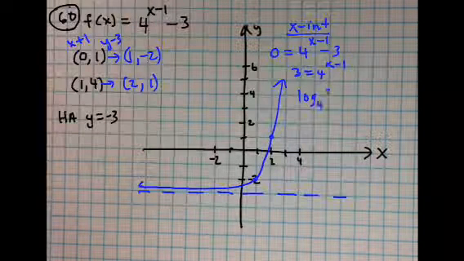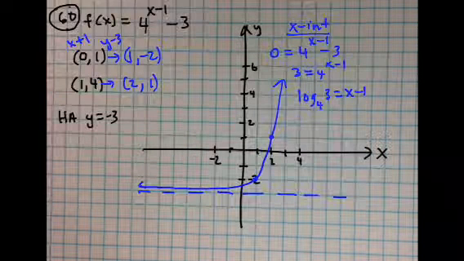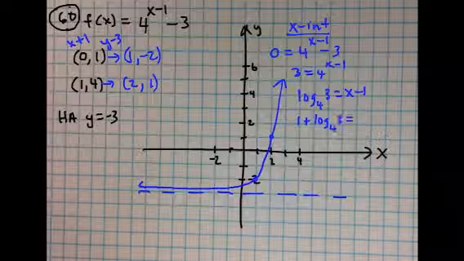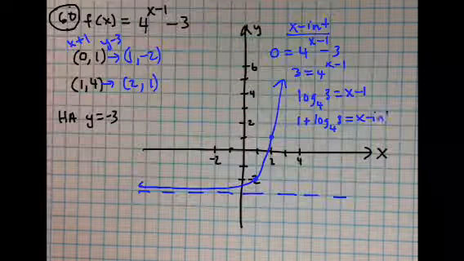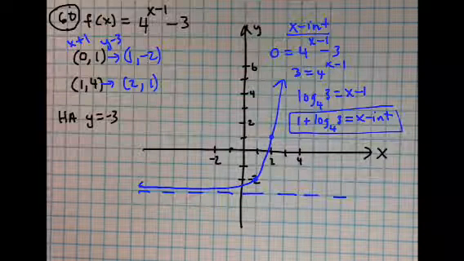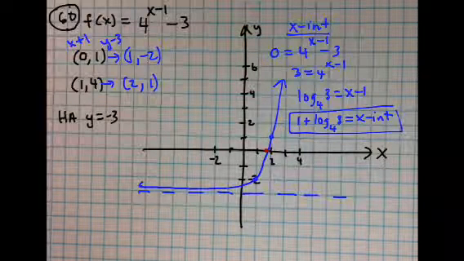Log base 4 of 3 equals x minus 1. We add 1 to both sides. So 1 plus log base 4 of 3 equals the x-intercept. Okay, so you just plug this into your calculator, and that'll give you this point right here that I'm pointing, that I've marked as red. That'll give you that approximate value.